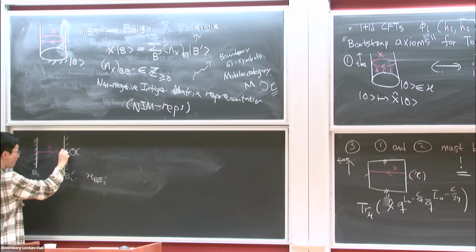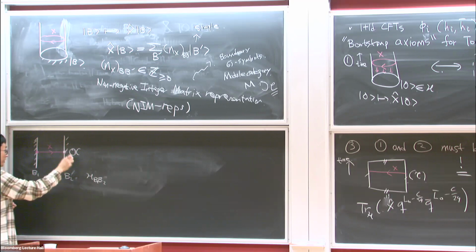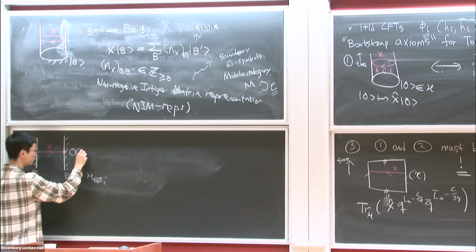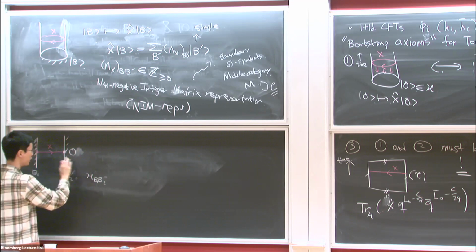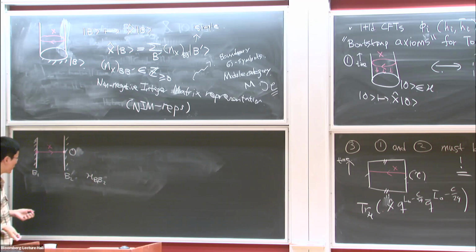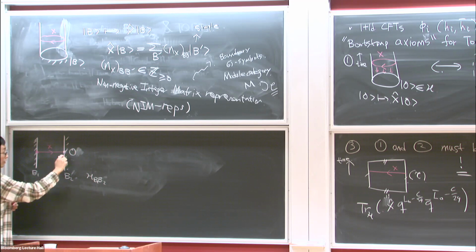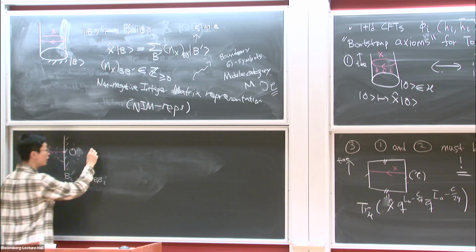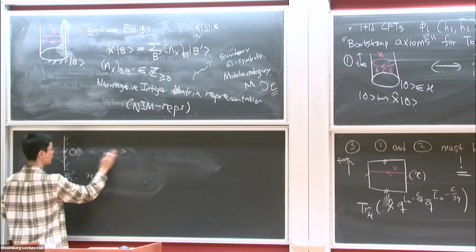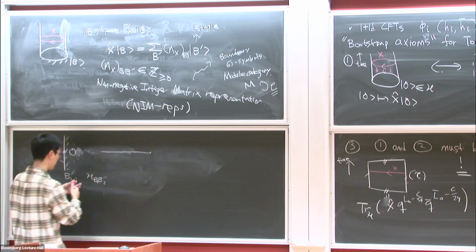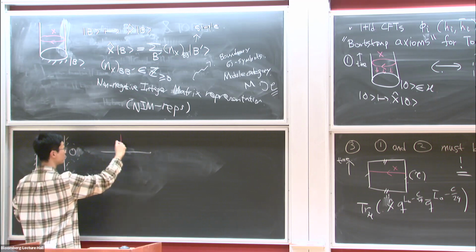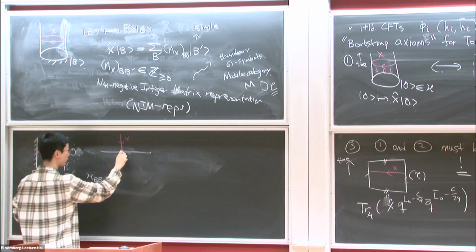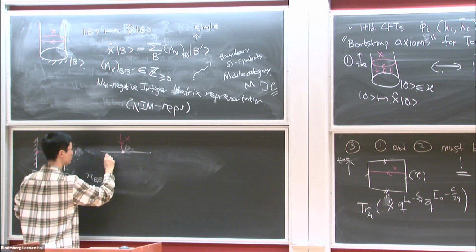Generally you have some choice of junction operators, say O here. Let's forget about this side for a second and focus on this configuration. I'm asking what kind of operators can sit here.